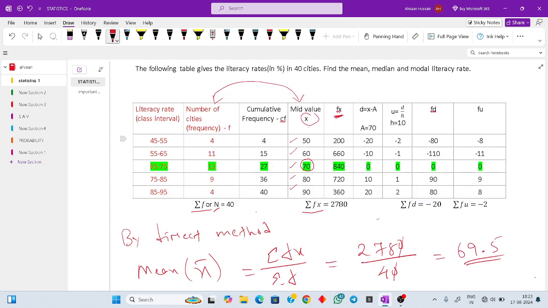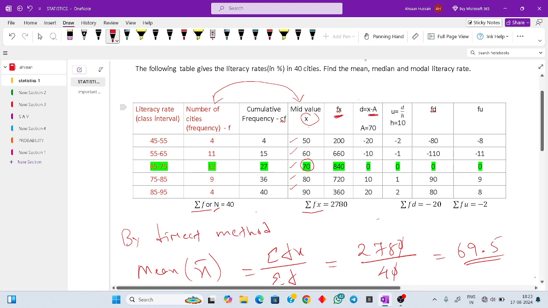After assuming the mean, we'll find the value of d. D is basically a deviation value. So d means x minus a. Okay, x means mid value and a means assumed mean, that is 70.